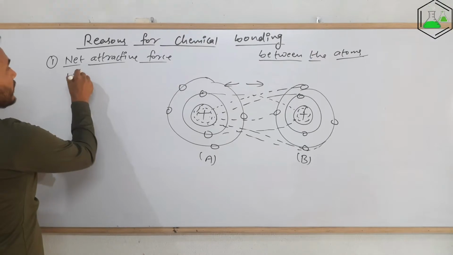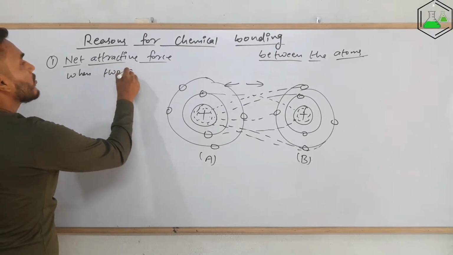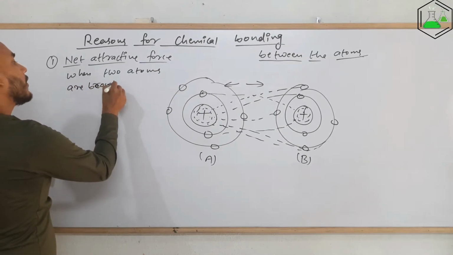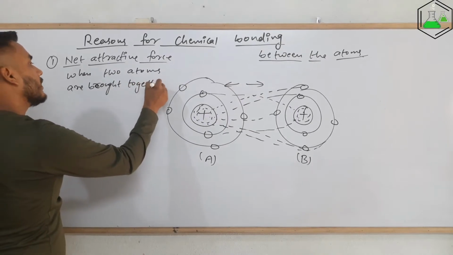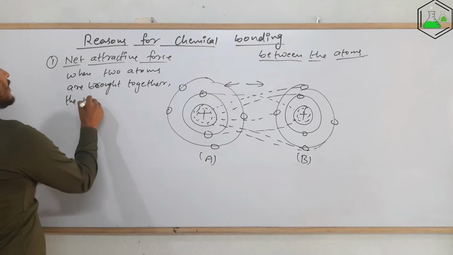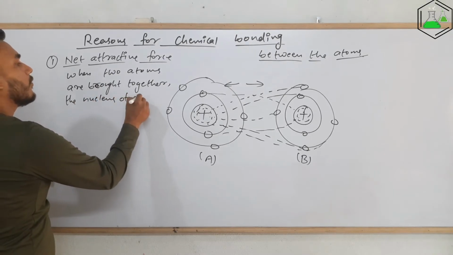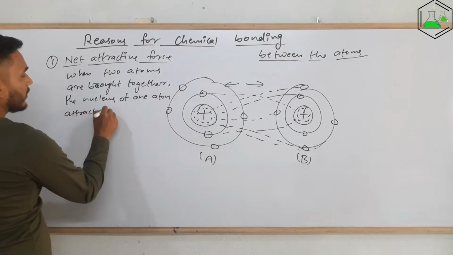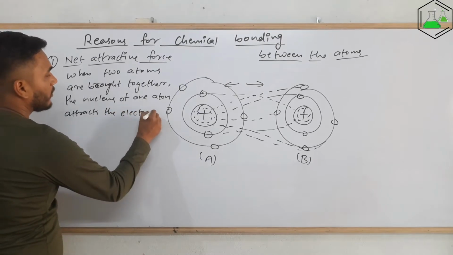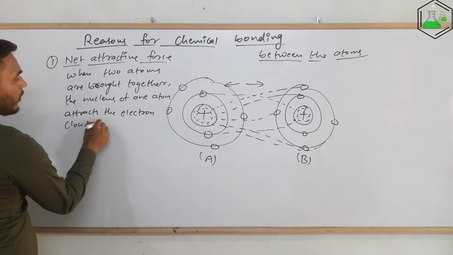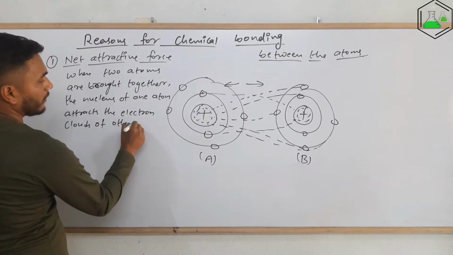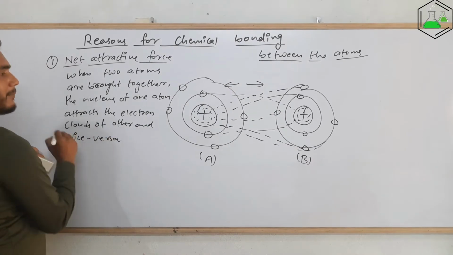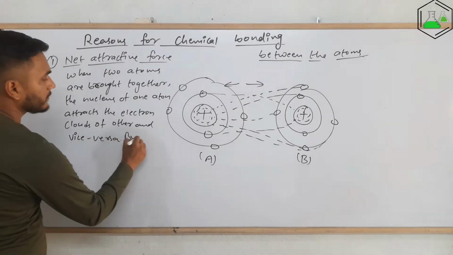Okay, when two atoms are brought together, the nucleus of one atom attracts the electron clouds of the other and vice versa, because the same case will happen for the other atom as well.